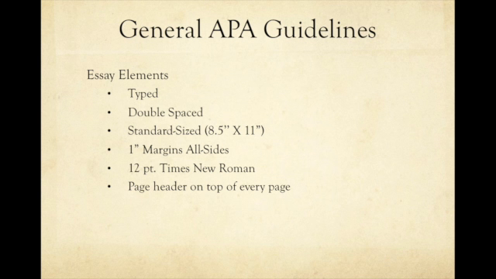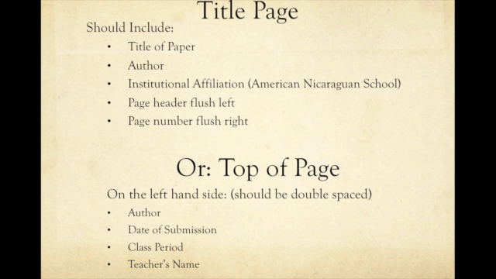Okay, and for APA, there should be a page header at the top of every page, but some teachers do not require that. With APA format, usually there's a title page, but for our purposes in the high school, you can also just have your information at the top of the page.